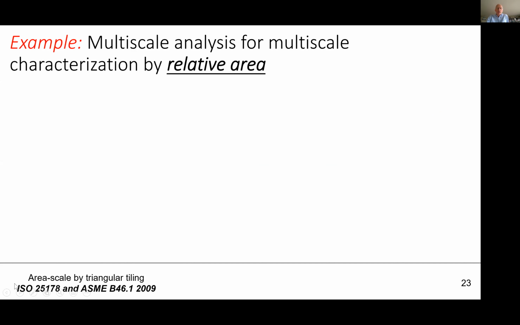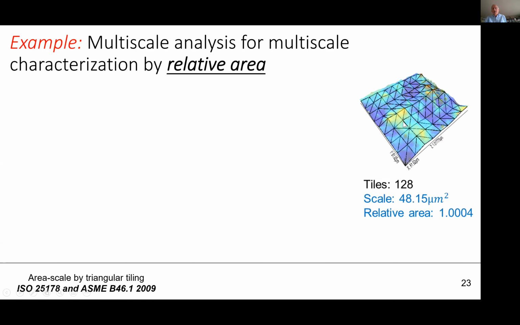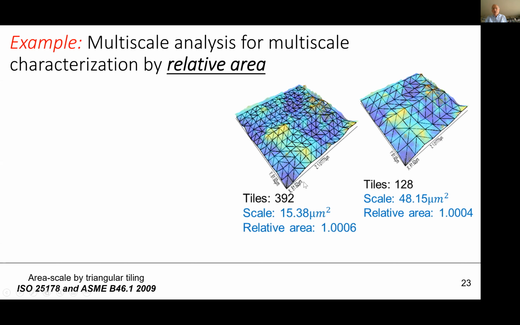What it's based on is a tiling algorithm. We use triangular tiles, and we look at the surface with all the ups and downs, and then normalize it by the projected surface. So the projected area here is staying the same.